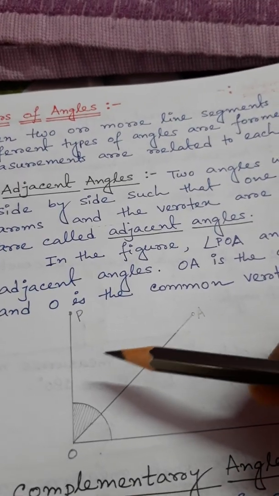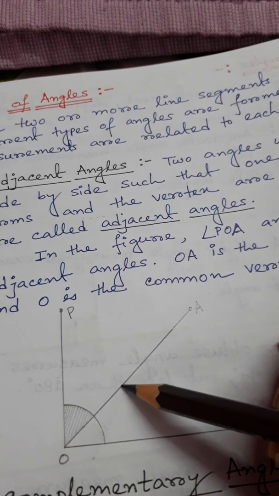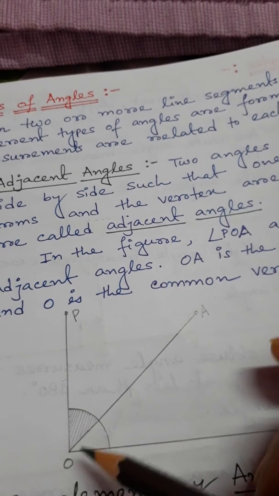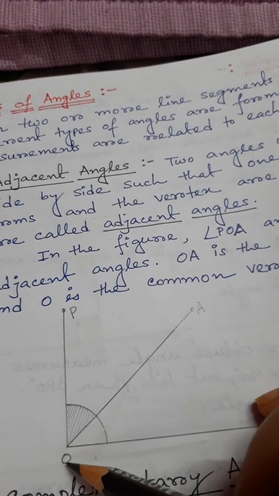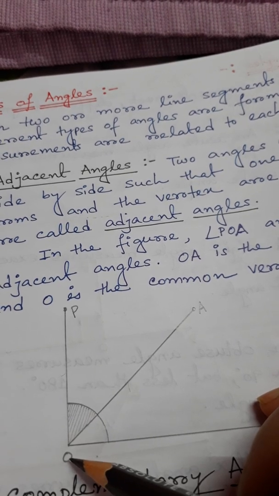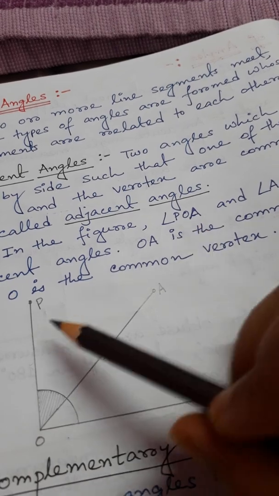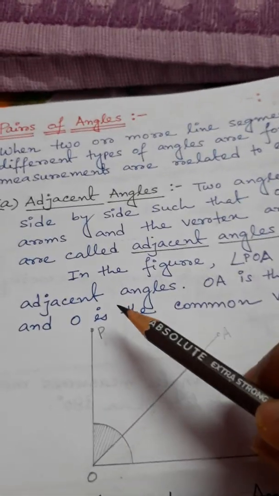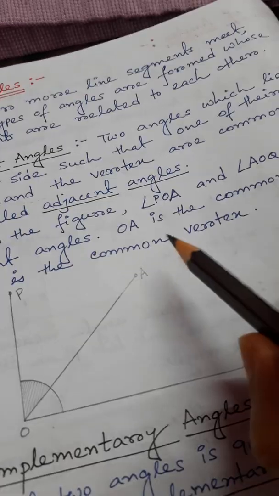Here you see that two angles are formed, this one angle and this another angle, with a common arm. OA is the common arm, and the common vertex is O. So in the figure, POA and AOQ are two adjacent angles, OA is the common arm and O is the common vertex.